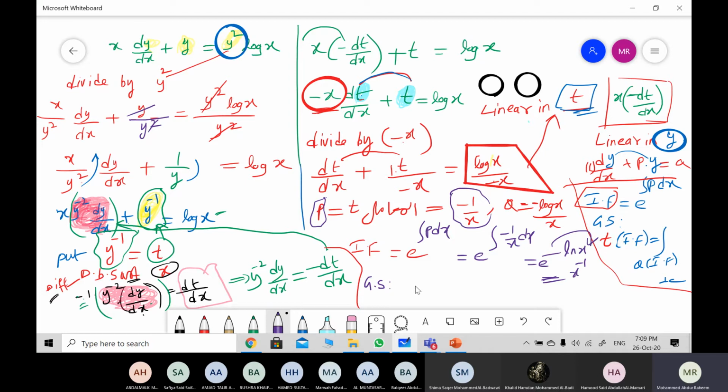The general solution, what? For q, minus log x over x. How much? T. Why T? Because it is linear in t.